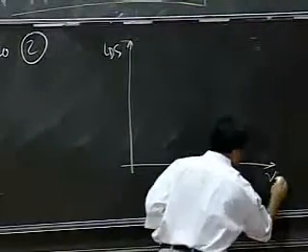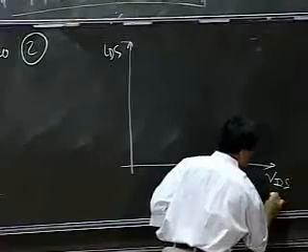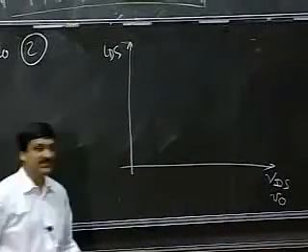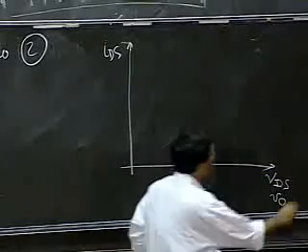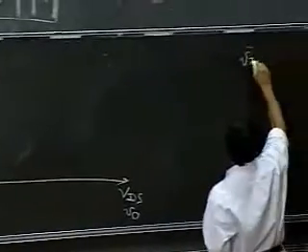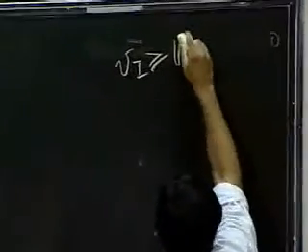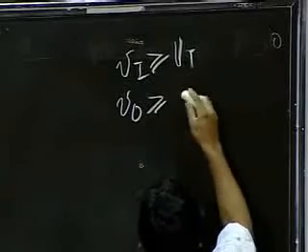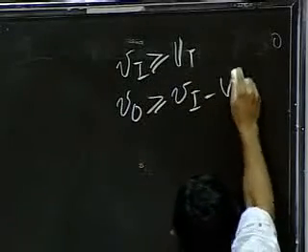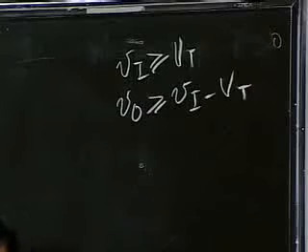I'm sorry, VDS, which is the same as V0. Okay, this was the load line graph that we'd seen earlier. And just for our reference, remember that Vi must be greater than Vt for saturation operation. Similarly, Vo should be greater than or equal to Vi minus Vt for saturation operation.